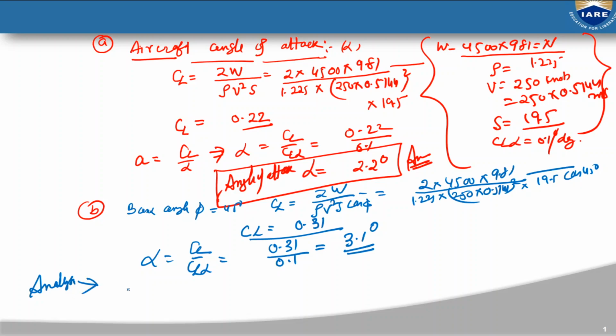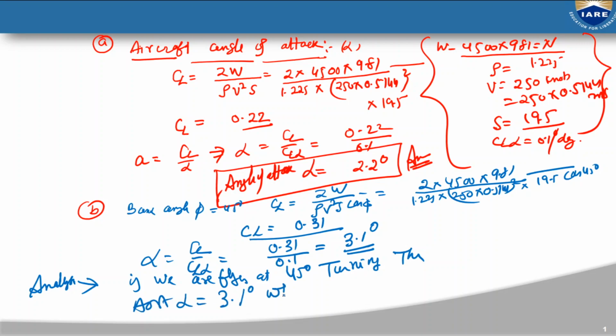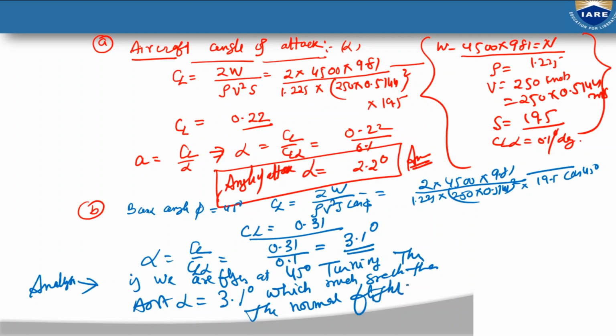The analysis is that if we are flying at a 45 degree turn, the angle of attack alpha will be 3.1 degrees, which is much greater than the normal flight. So this is the conclusion for the result.